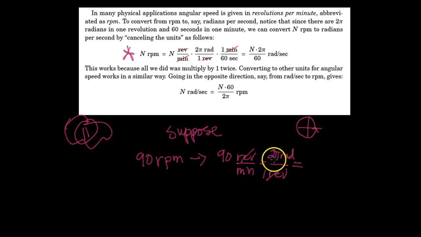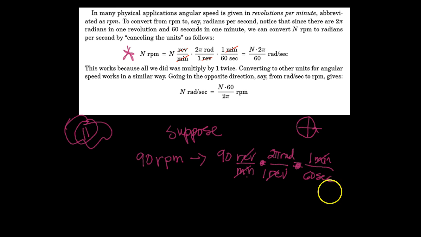And then this is times. And then I need to get rid of my minutes right down here. So I can say that 1 minute, and I'm trying to get per second, is equivalent to 60 seconds. So I'm going to cancel out these. All right.